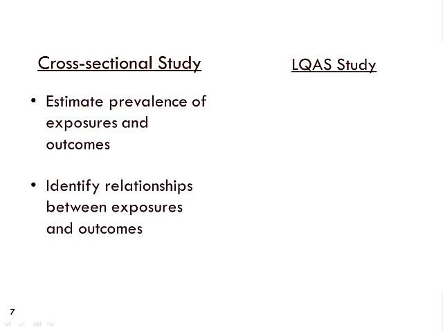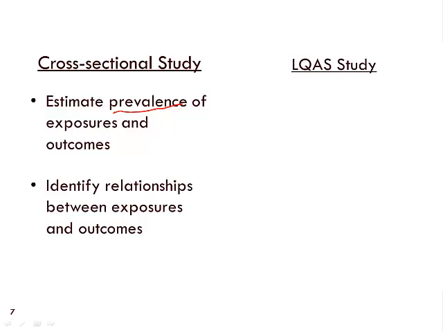So for a cross-sectional study, at the end of the study, we would be able to estimate the prevalence of exposures and outcomes. So what proportion of people in our population have HIV? What proportion of people in our population use contraceptives? What proportion of people in our population are sexually active?